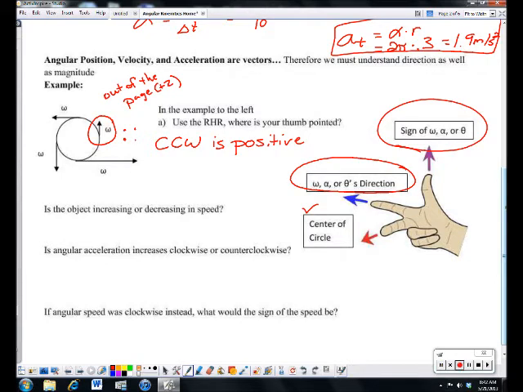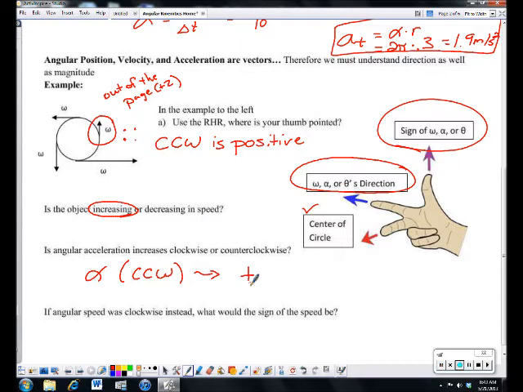Now, in this example, I hope you notice that the speed is increasing, of course, over time, and so that should tell you the angular acceleration is in the same direction as the angular speed. And so my angular speed is also counterclockwise, which we now know is, of course, a positive angular acceleration. Please remember, go all the way back to kinematics.